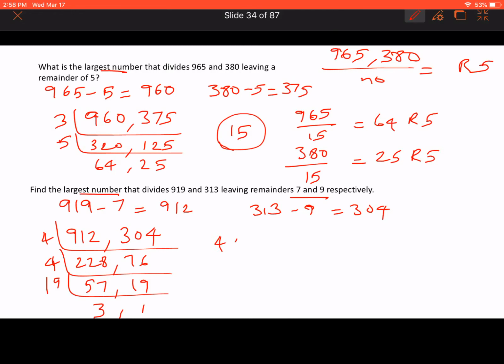So 4 times 19 is going to be 304. So 304 is the largest number that divides 919 and 313 and leaves a remainder of 7 and 9 respectively. You can test it out, it will come out correct.